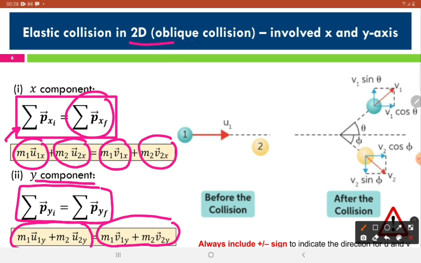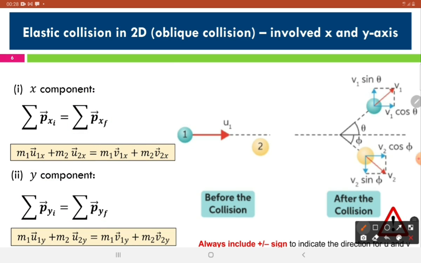For this 2D oblique collision, if you apply the principle of conservation of linear momentum along the x-axis, we need to put the subscript x for the symbols in momentum p that refer to vector quantity, which is the symbol of u and also the symbol of v. v1, v2, u1, u2, we need to put the subscript x.